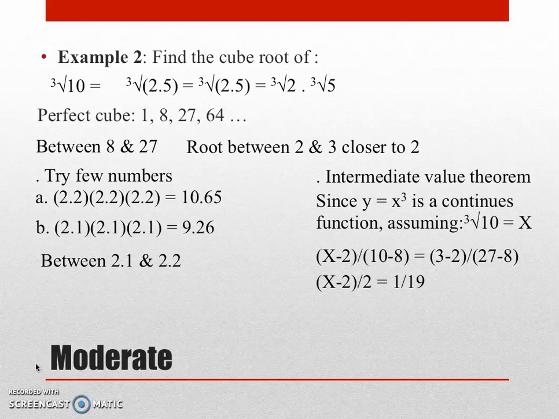So solving this formula, we multiply both sides by 2. x minus 2 is equal to 2 over 19. And here, if we just put 2 over 19 in our calculator, we get 0.105. So x is 2.105, and that's exactly between 2.1 and 2.2 that we had estimated before.